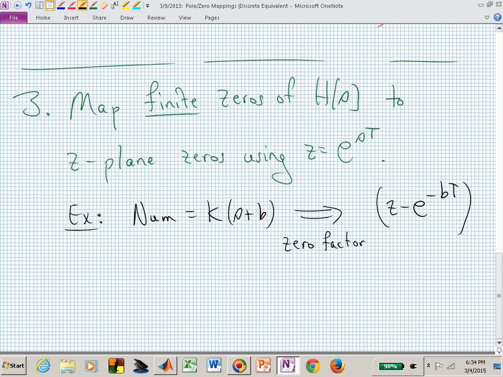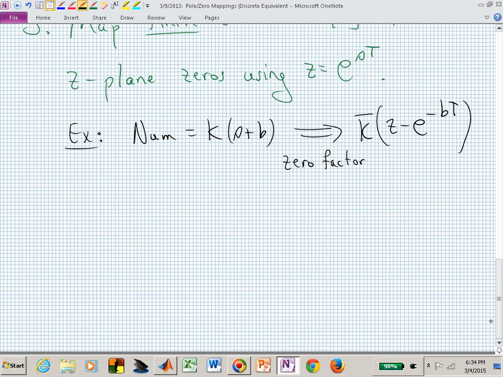We're not going to worry so much about the K. Maybe I would just say a K bar if you're getting nervous about that. That's now our poles and zeros, but the thing I'm not really finished with are the zeros, because we actually have these objects called infinite zeros that we have to worry about.